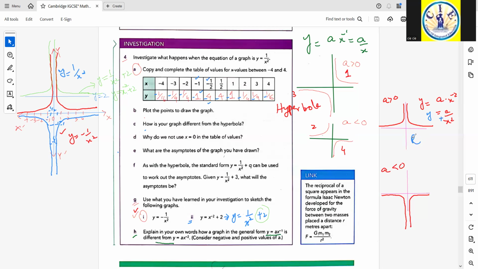That means range are all positive numbers, and in this case y is equal to negative a divided by x squared. So in this case range is negative numbers. So in this case the graph is above the x-axis, and in this case the graph is below the x-axis.